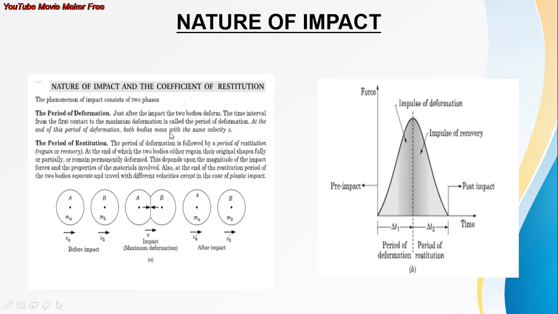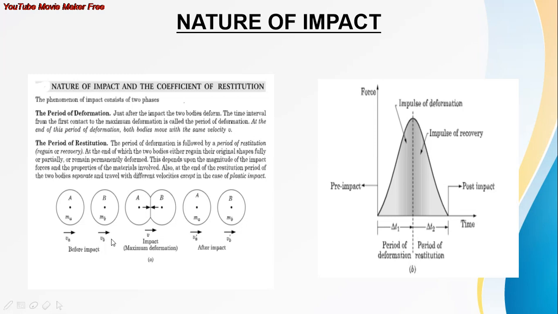Now, as I discussed the collision, here I am discussing a little physics of what happens during the collision. Actually, when the two bodies, like in this case Ma and Mb, having velocities Va and Vb, they are having direct central impact, and before collision, the velocities are Va and Vb.